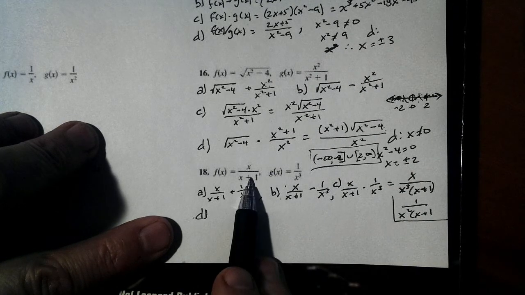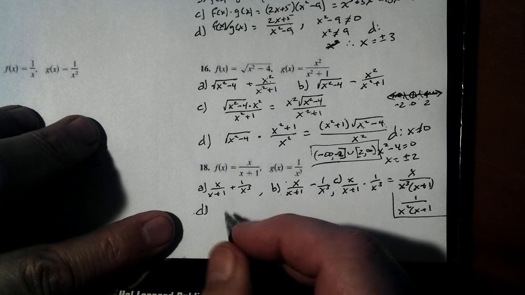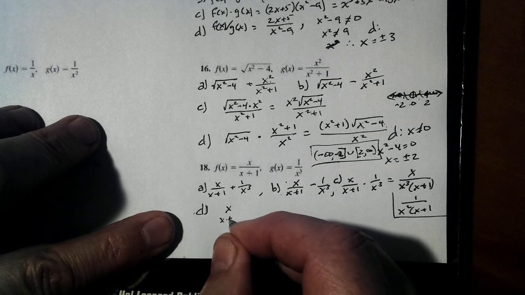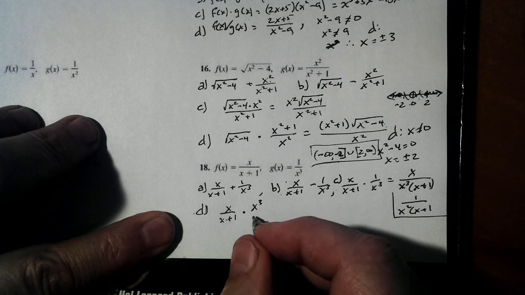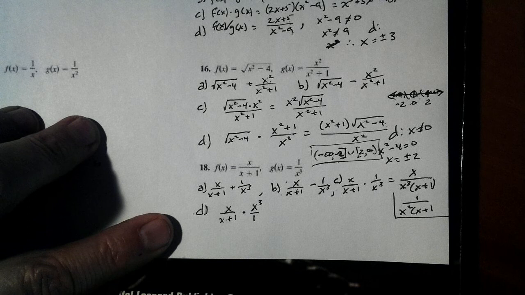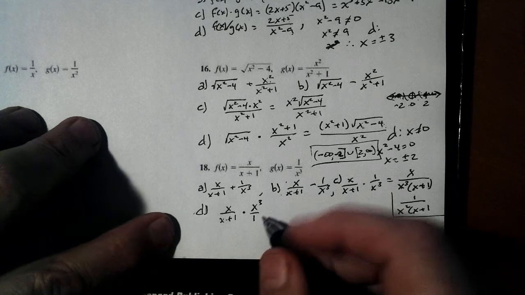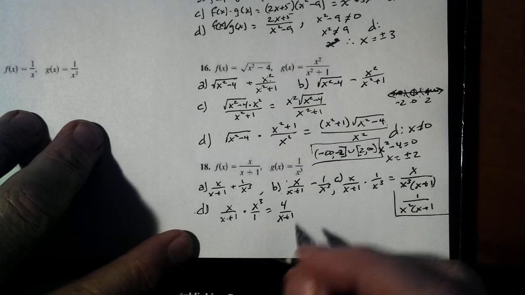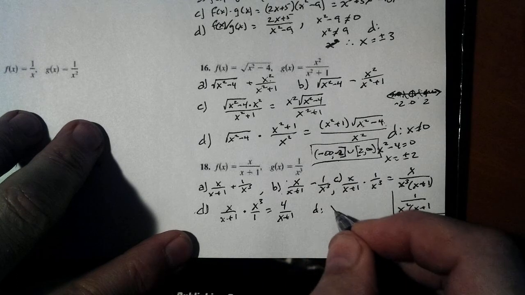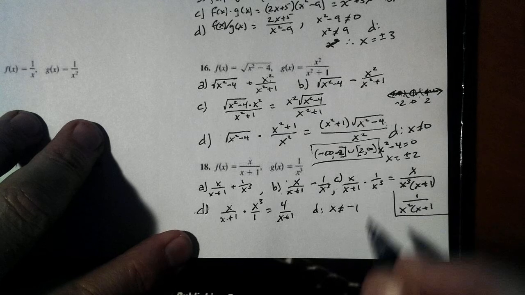D. F on g is f divided by g, so that's x on x plus 1 times x cubed on 1. And we get x to the 4th on x plus 1. And immediately for domain purposes, I see x cannot equal negative 1.